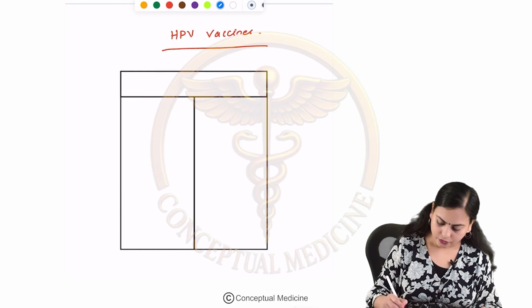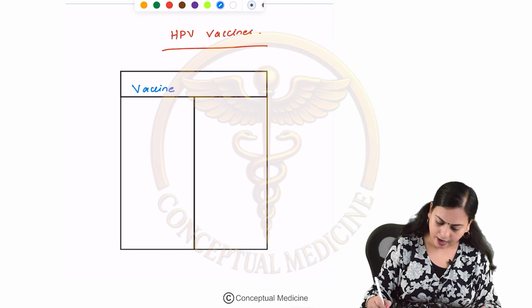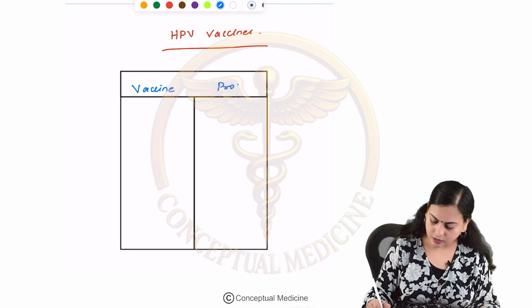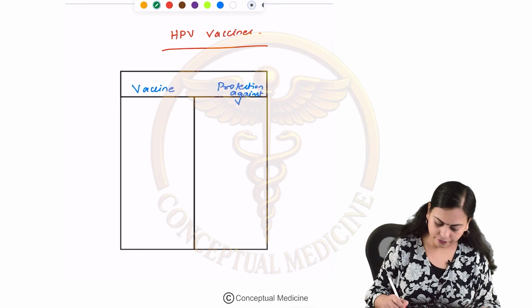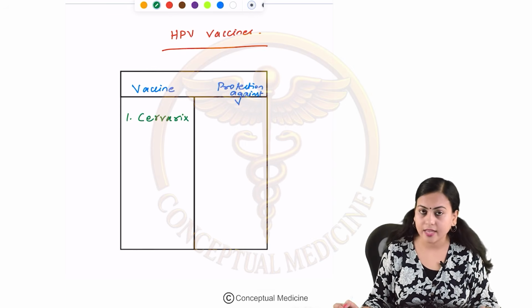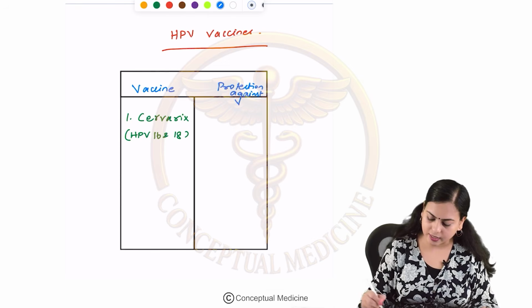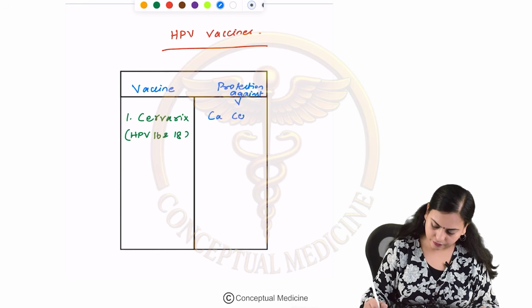We will discuss what protection the vaccine gives. First one is Cervarix. Cervarix is effective against HPV 16 and 18, and it protects against CA cervix.